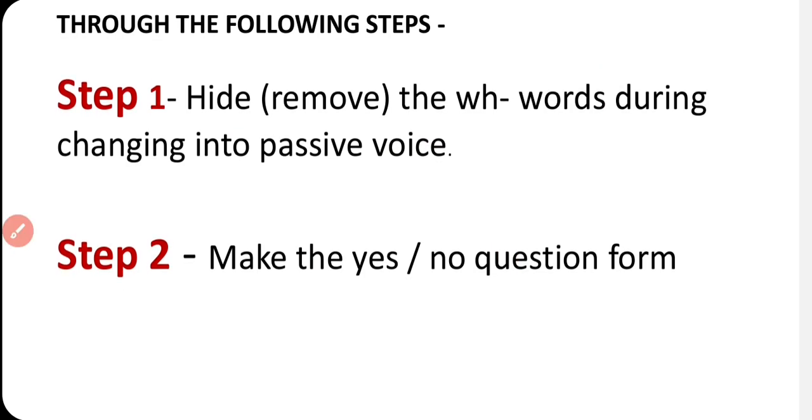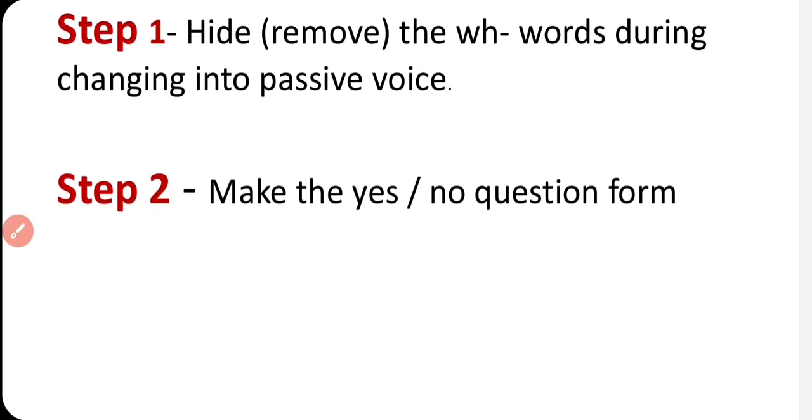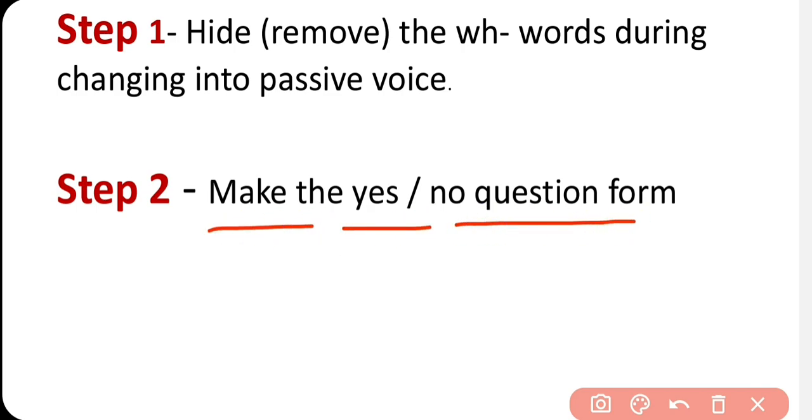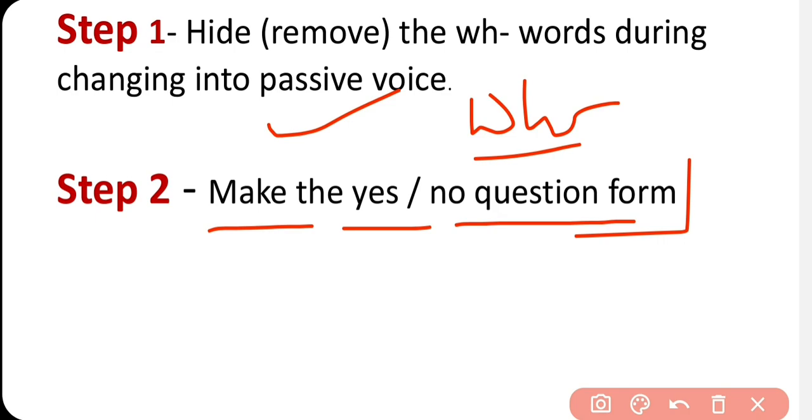In step number 2, what is said? Make the yes or no type question form. So by removing the WH word first, you have to make it the yes no type question form.